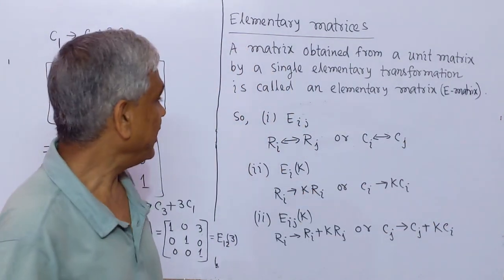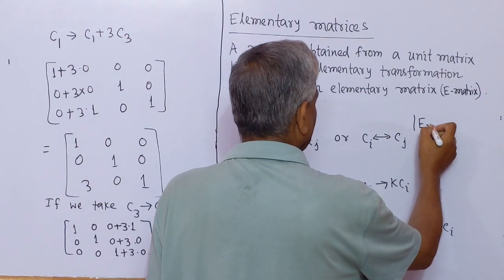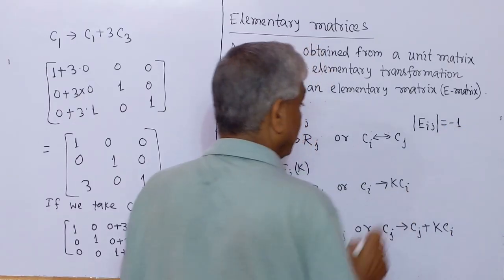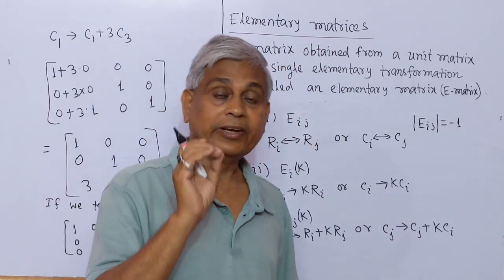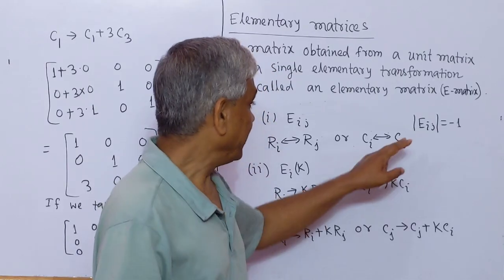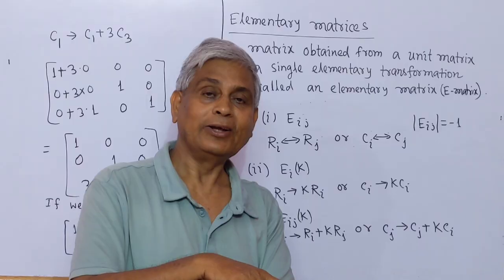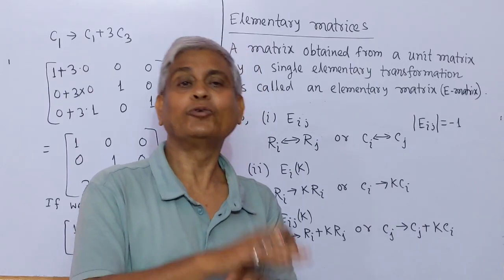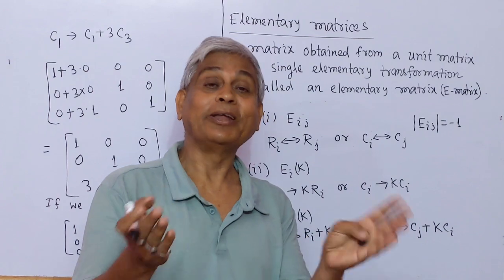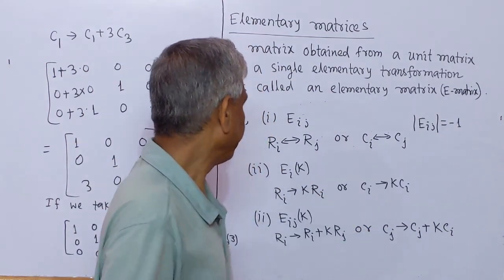Here we may see that the determinant of the Eij elementary matrix is -1, because the determinant of the unit matrix is 1. In this case we have interchanged 2 rows or 2 columns, and the determinant is negative, meaning -1.